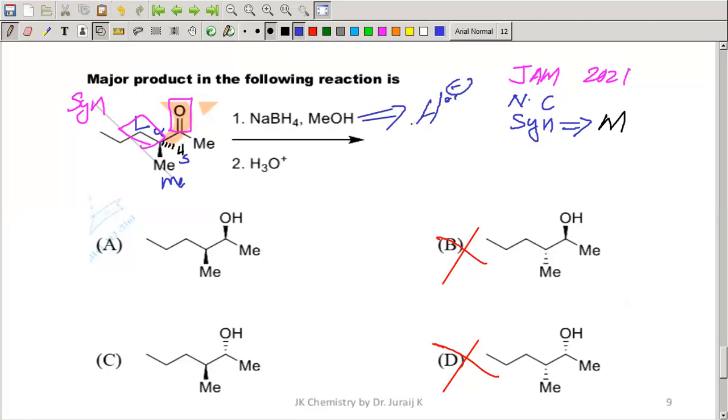So hydrogen will be in wedge. See here OH in dash, so your hydrogen is in wedge. Here OH is wedge, then your hydrogen is dash. So according to our trick, your medium group is in wedge, so your nucleophile should be in wedge. So your correct answer is option C, right? Clear?